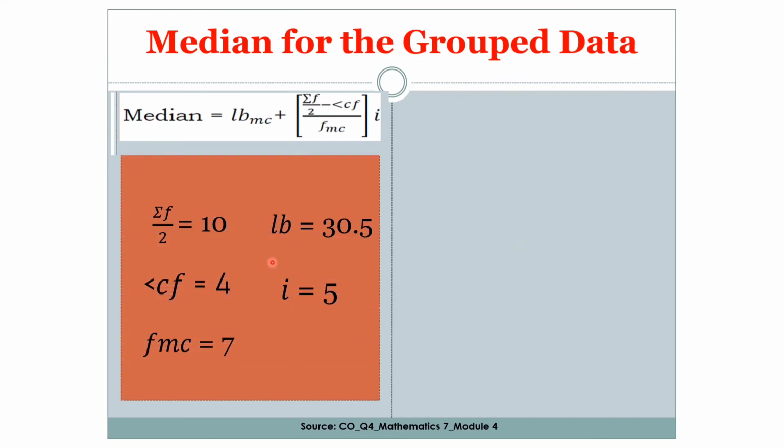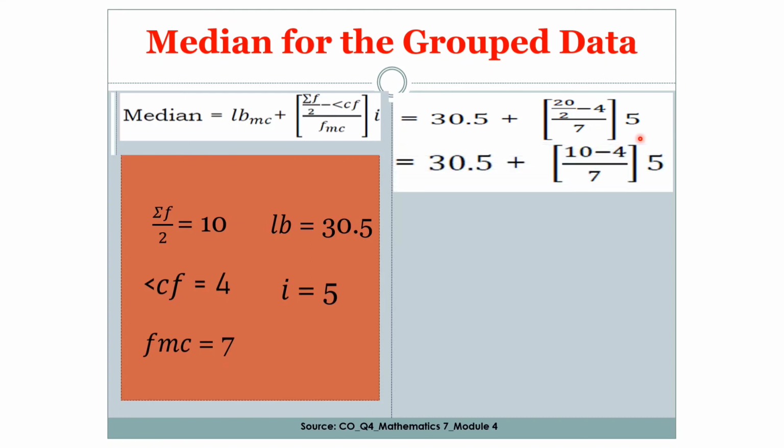All we need to do is substitute all the values to the unknown variables in the formula. The lower boundary of the median class is 30.5. The summation of frequency is equal to 20. The less than cumulative frequency is equal to 4. And the interval is 5.